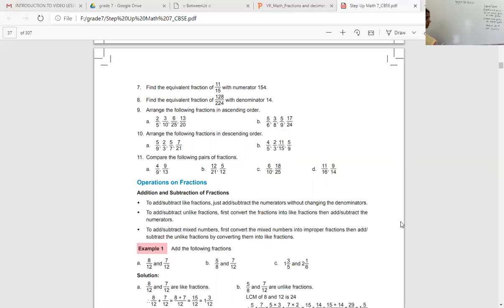The next question: find the equivalent fraction of 128 by 224 with the denominator 14.